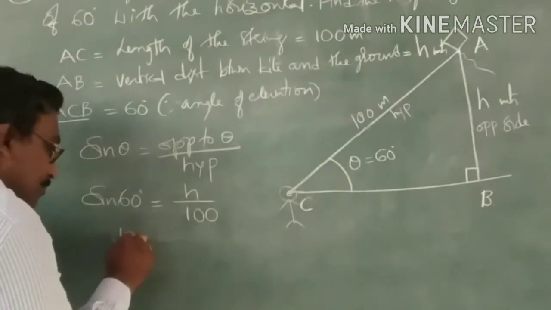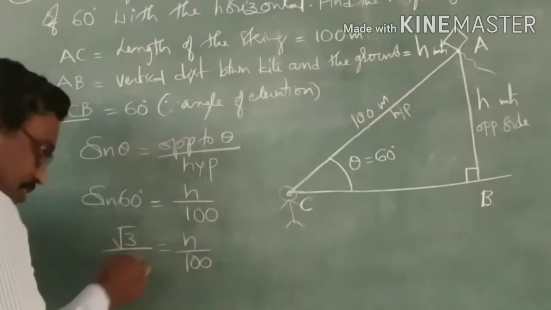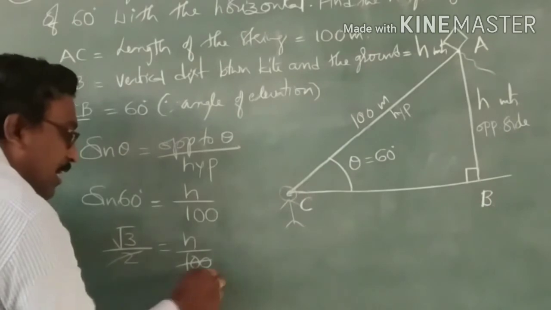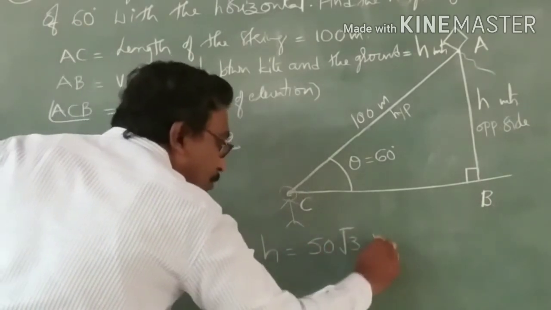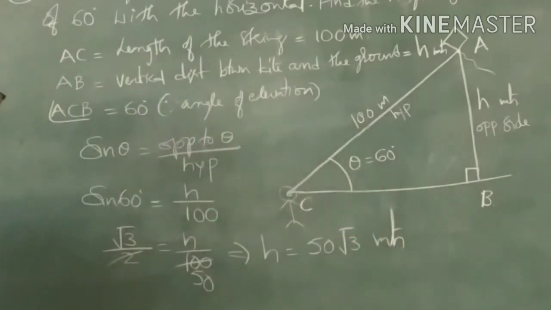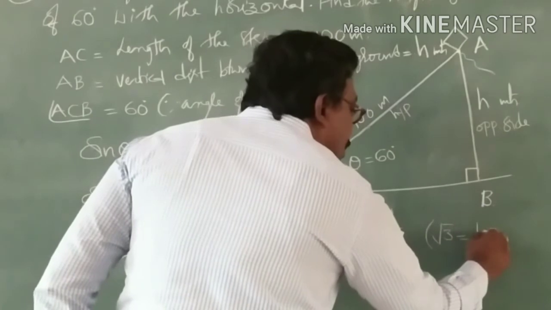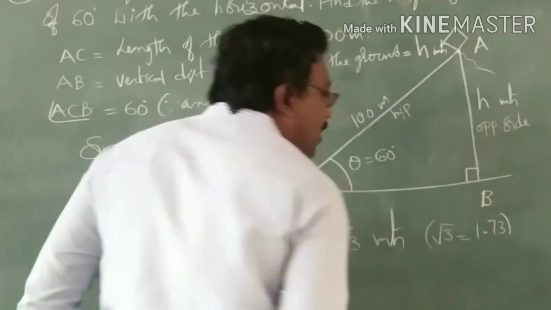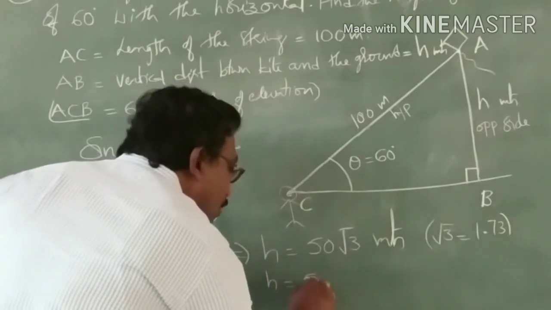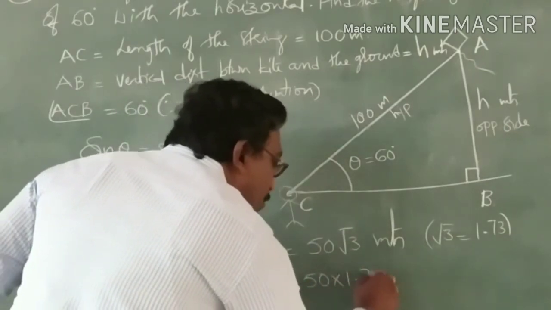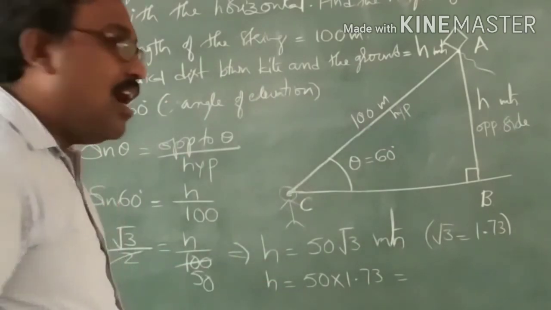The value of sin 60 is root 3 by 2, so root 3 by 2 equals h by 100. 2 into 100, 50 times, cancels. That means h is equal to 50 root 3 meters. Or else you can use the value of root 3 as 1.732. Then h is equal to 50 into 1.73. If you multiply, you will get the answer.